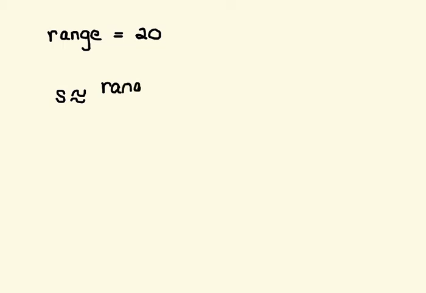And that would be 2 standard deviations above and 2 standard deviations below the average. So in this case, if the range of our values is 20 and we divide by 4, we get an estimated standard deviation of 5. So this is also part of the range rule of thumb.